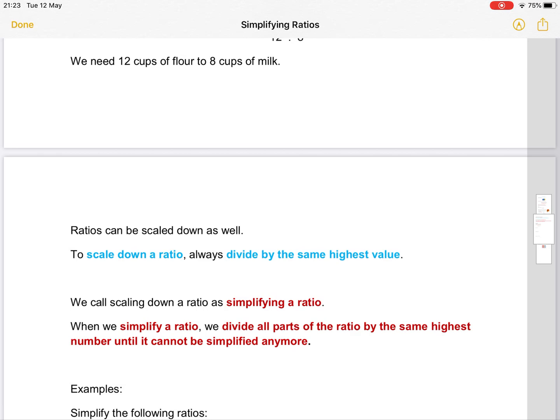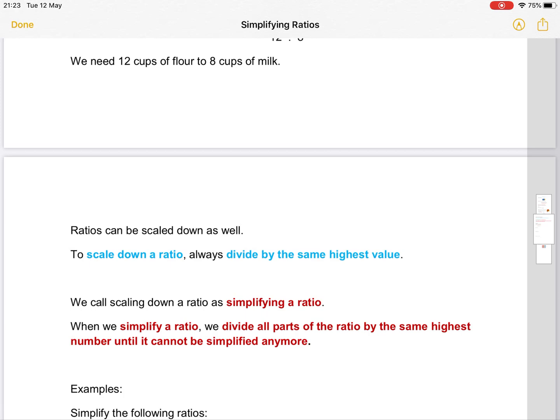You find the highest common factor of all the parts, because sometimes we can have more than two parts, as you know. So to scale down a ratio, always divide by the same highest value. I'm going to show you later on in the example what this means exactly.